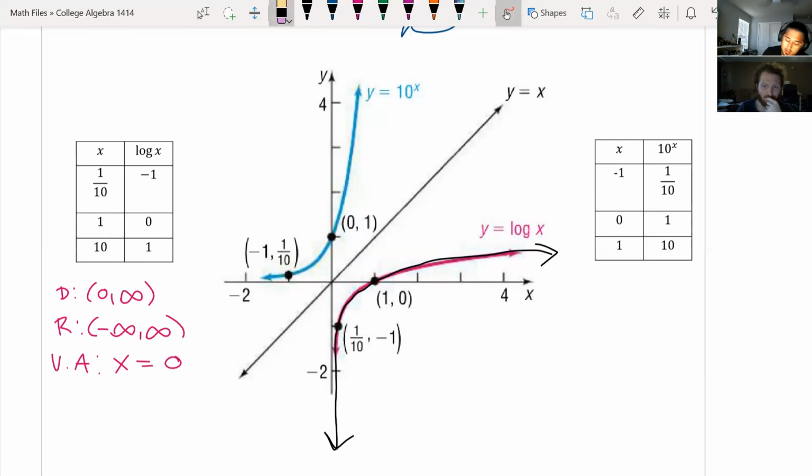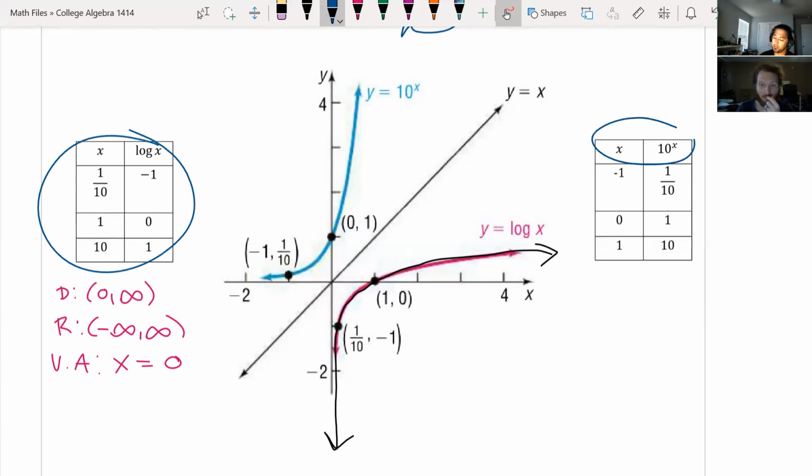Okay. And now we look at the inverse, which happens to be the exponential function. Remember with inverses that if you have an XY chart already made, then all you have to do is flip those values. So for the exponential function 10 to the x, we get the points (-1, 1/10), (0, 1), and (1, 10).